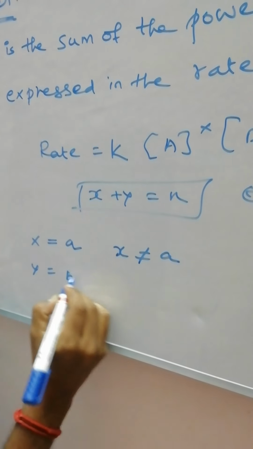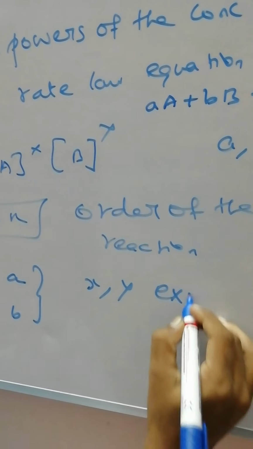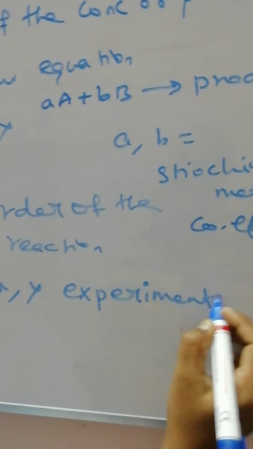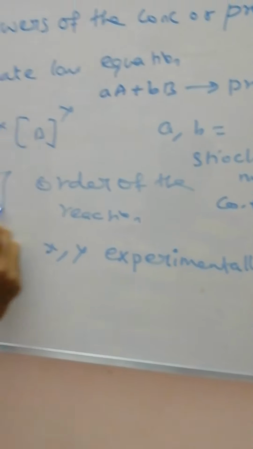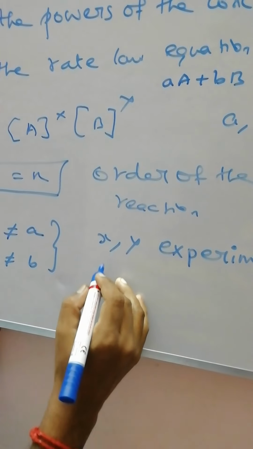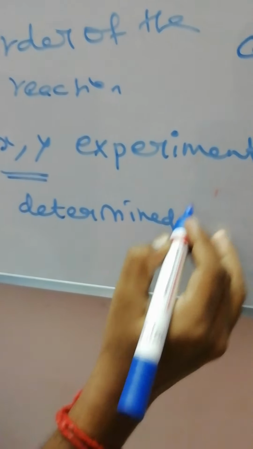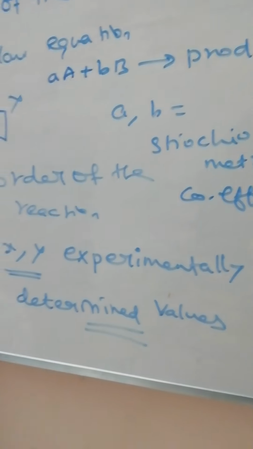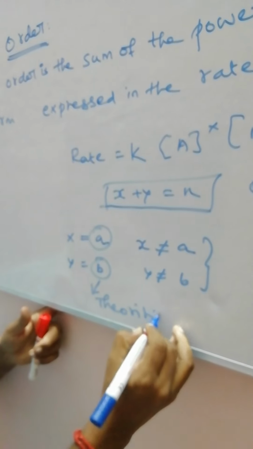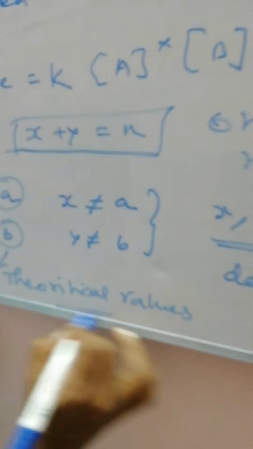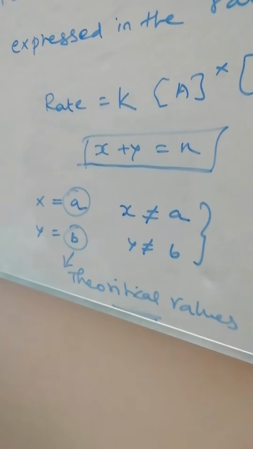Y may be equal to b or Y may not be equal to b, because X and Y are experimental values. Experimentally we can find which concentration is influencing the rate of the reaction. X and Y are experimentally determined values. a and b are theoretical values.